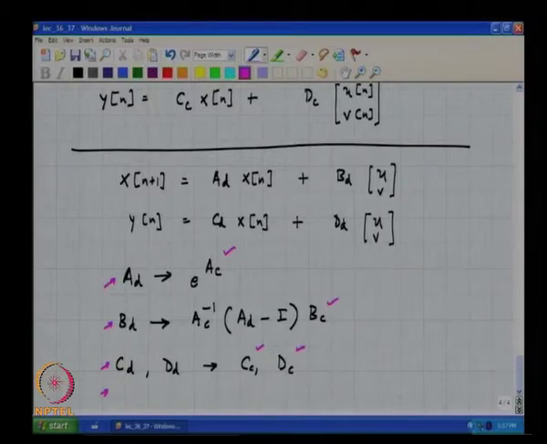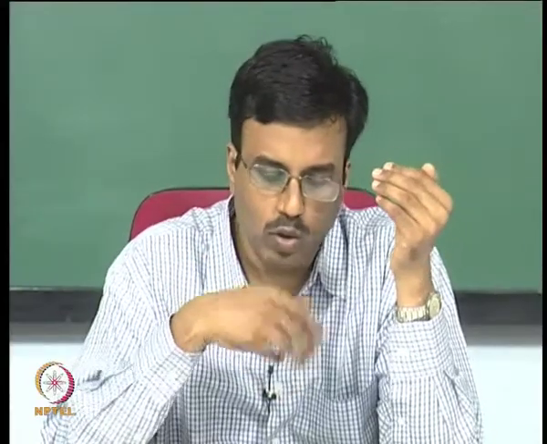Well, again, it depends on what accuracy you want. You already know what the error is. The error is the difference between the continuous time waveform and the first order held approximation.